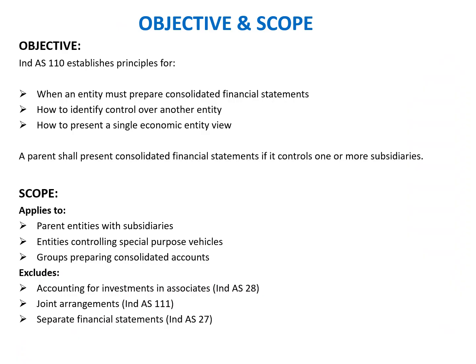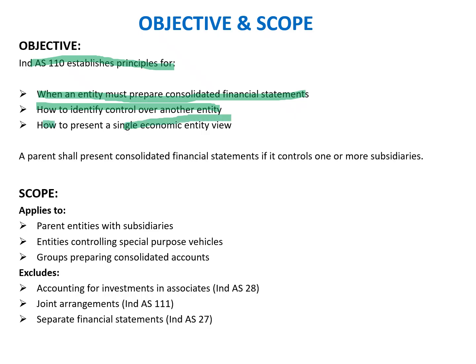Now we'll quickly touch base upon the objective and the scope of Ind AS 110. So Ind AS 110 establishes principles for when an entity must prepare consolidated financial statements. So the conditions when consolidation is mandatory as per the Ind AS. How to identify control over another entity, which means the concept of control, and we're going to discuss that in the upcoming slides, and how to present a single economic entity view.